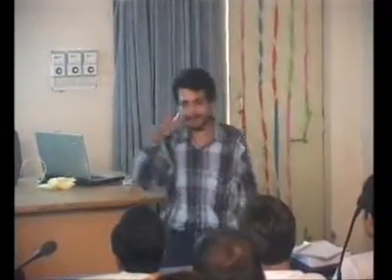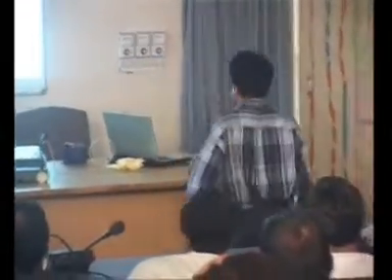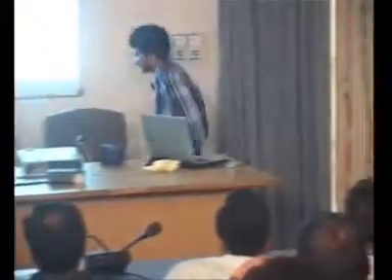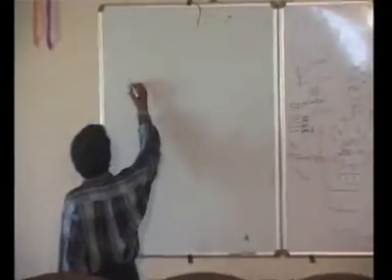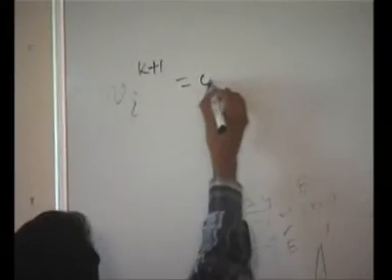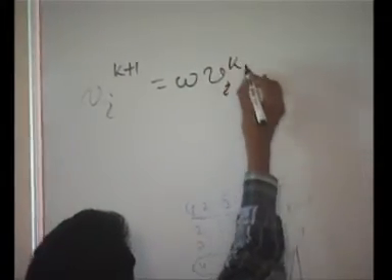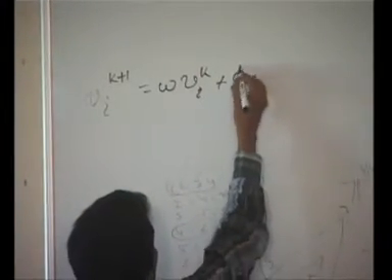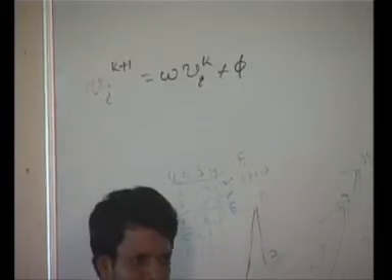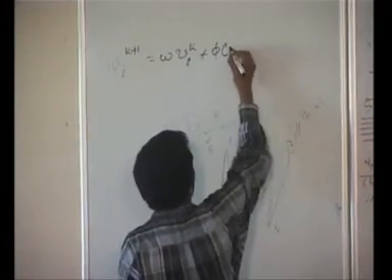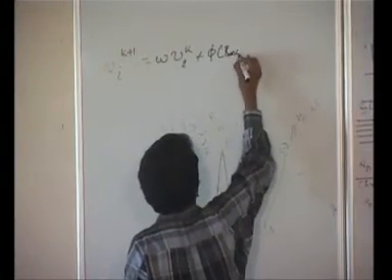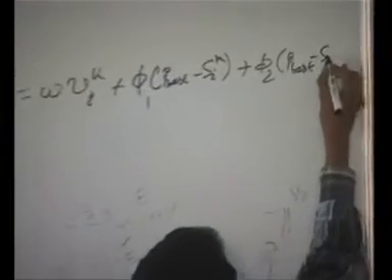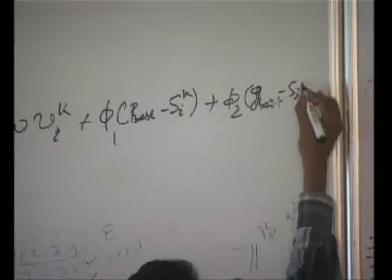See, you are getting Vi at k plus 1, because there are some mathematics faculties also present. Can you study this or not? You are getting Vi at k plus 1 equal to omega into Vi k plus some constant C1 and rand 1, which is nothing but phi 1, phi 1 into P best minus xi, plus phi 2 into G best minus xi.